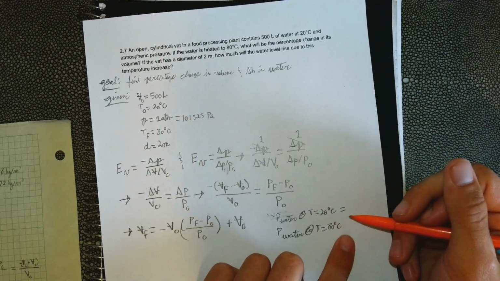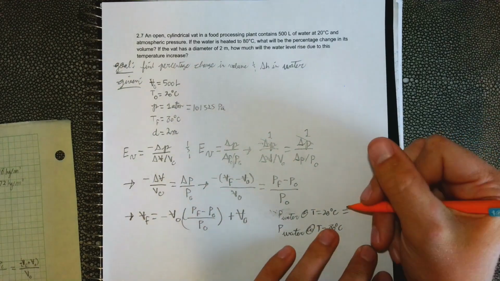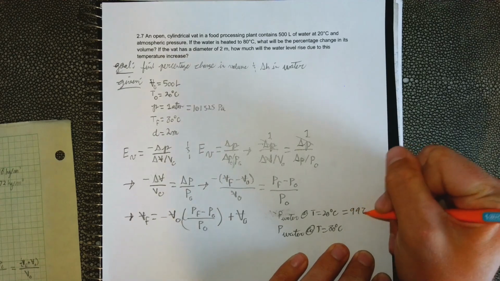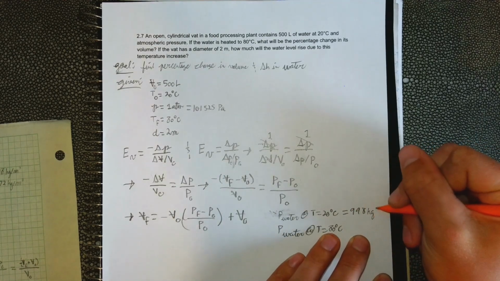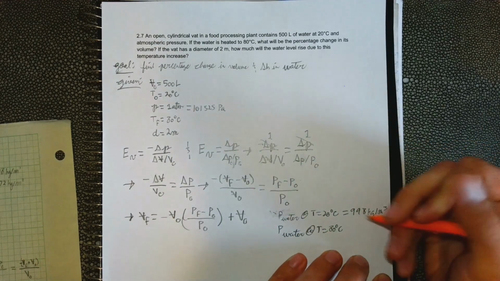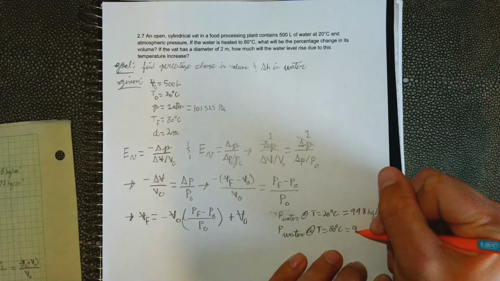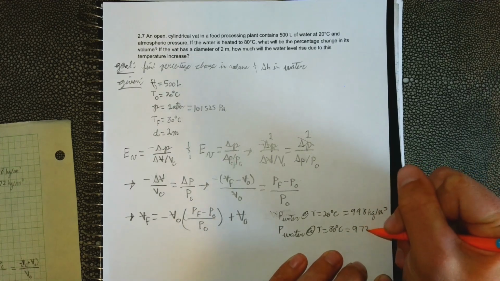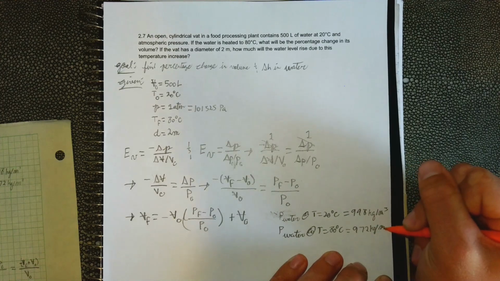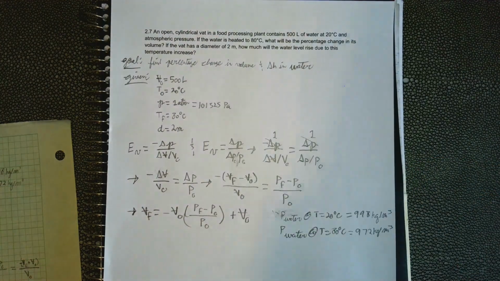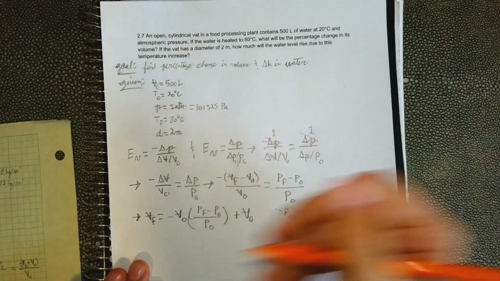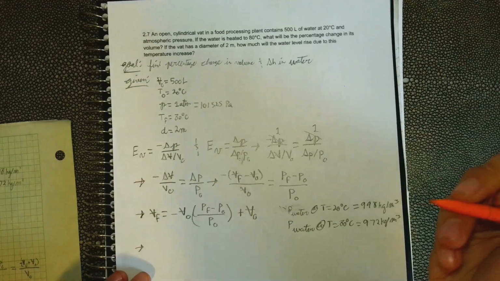This will equal 998, and this will equal 972 kilograms per cubic meter. Okay, so we have our densities, we have everything we need to solve for this final volume.